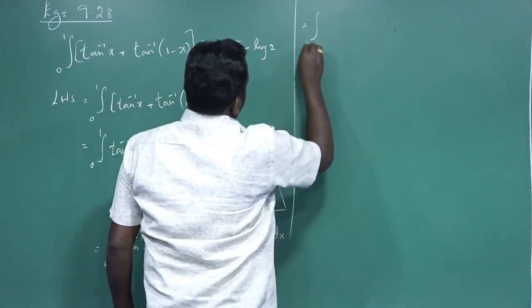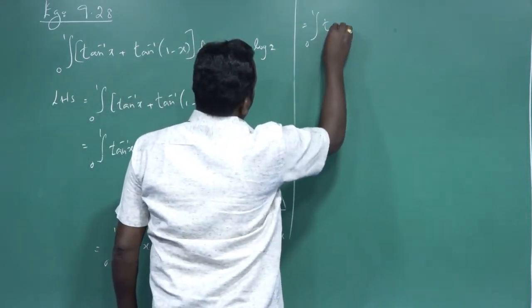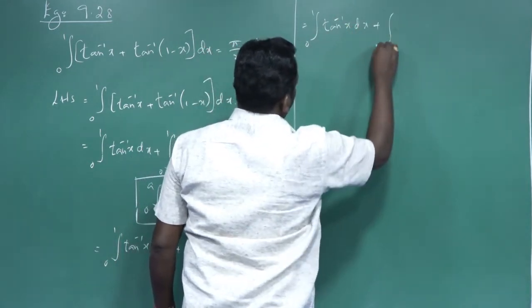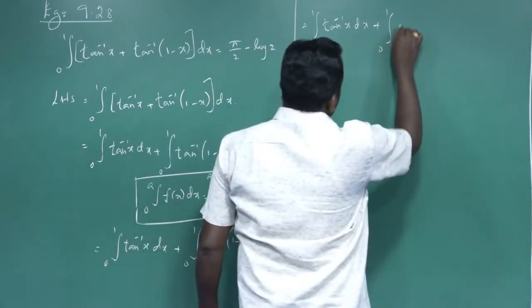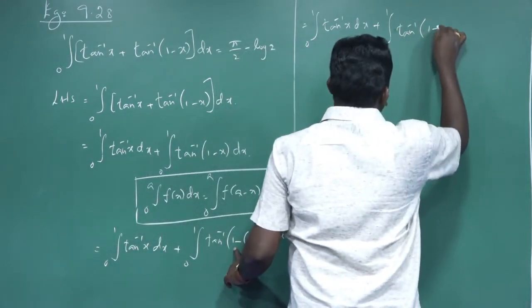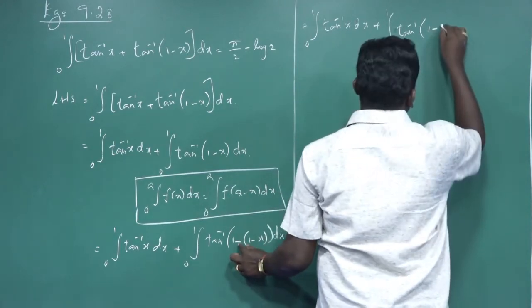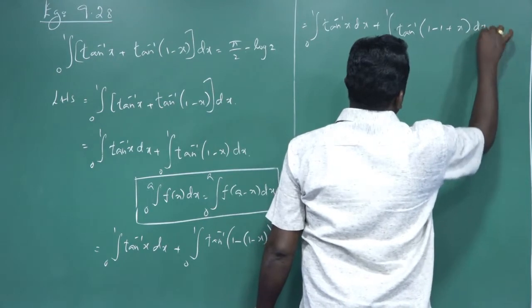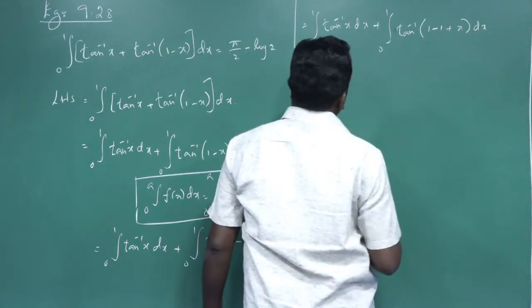First term as it is, plus integral from 0 to 1 of tan inverse of 1 minus 1 plus x dx. Minus 1 plus 1 both cancel.